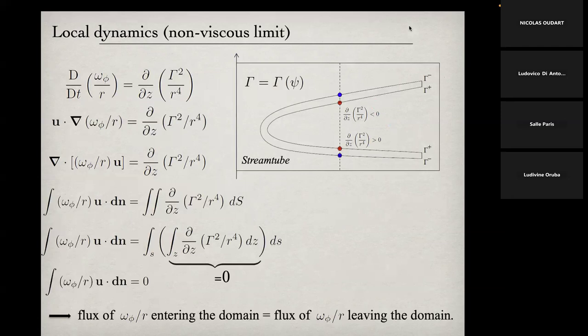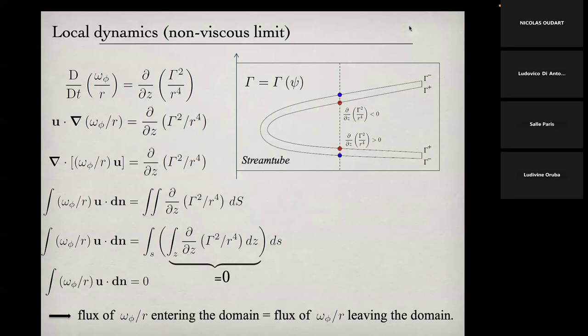In fact, in this inviscid limit, so no viscous forces, gamma, the angular momentum field, is only a function of the stream function, psi. So that means that if we draw a stream tube like this, the contours of the tube correspond to iso-gamma lines.